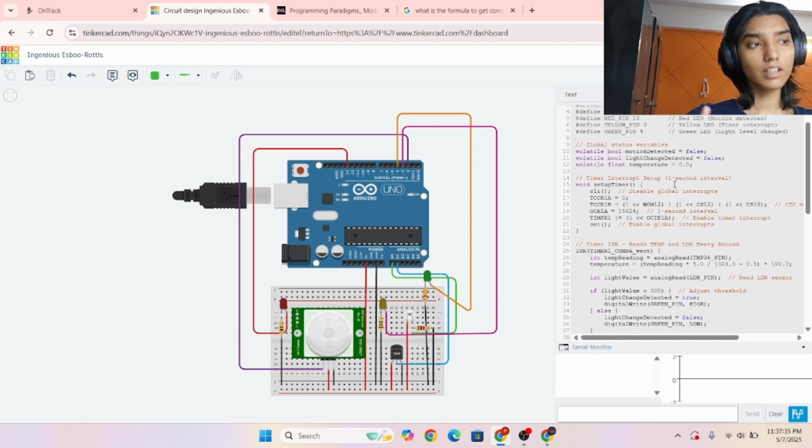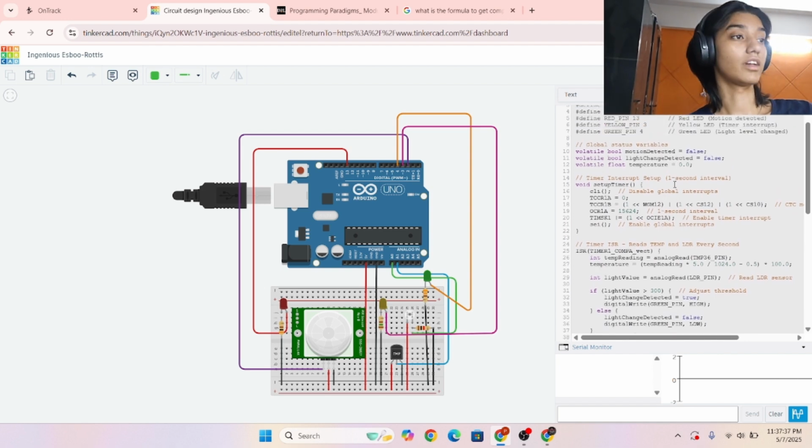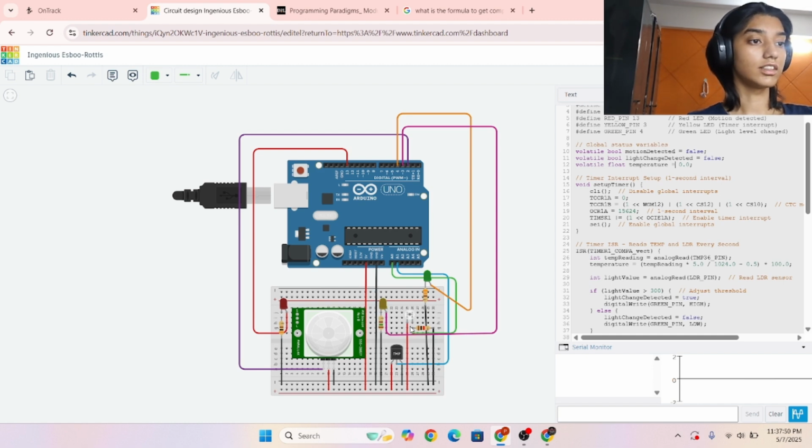I have also assigned global variables like the motion detect sensor, light change detect sensor and temperature. At the beginning I have just assigned them the value 0, because I have three sensors that I am dealing with currently: the LDR sensor, temperature sensor, and PIR sensor.